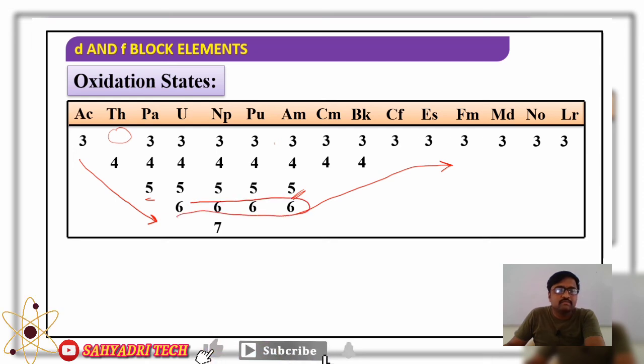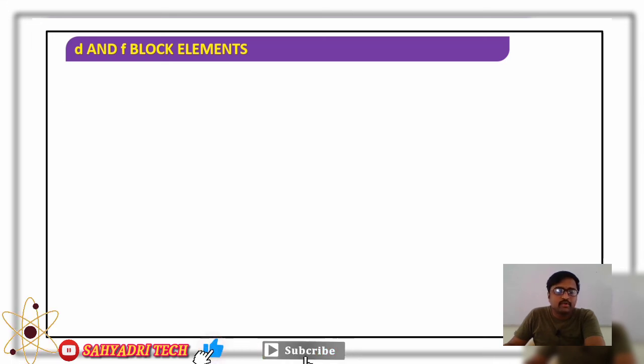Uranium, neptunium, plutonium, and americium, present at the middle of the series, even show the +6 oxidation state. Neptunium and plutonium even show the +7 oxidation state. So actinides also show variable oxidation states, which increase till the middle of the series and thereafter decrease.